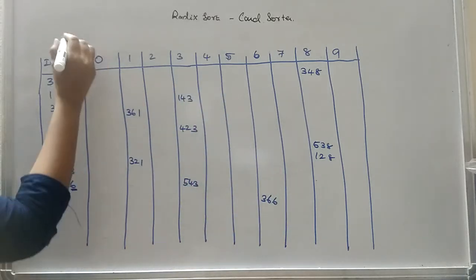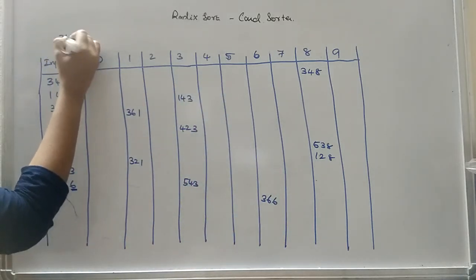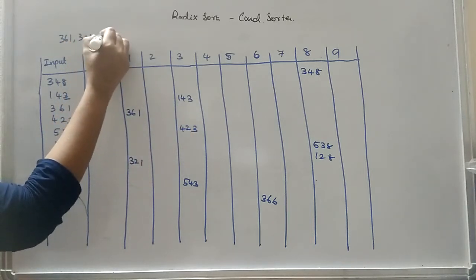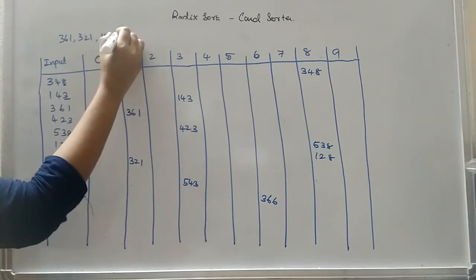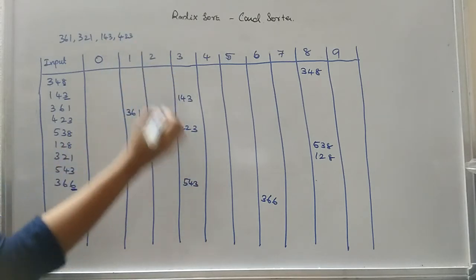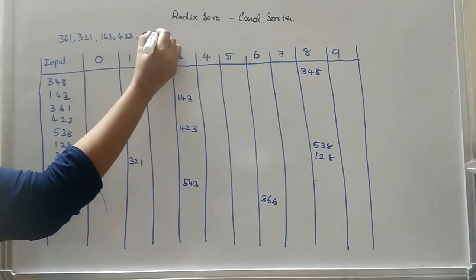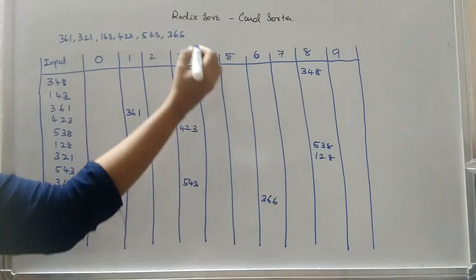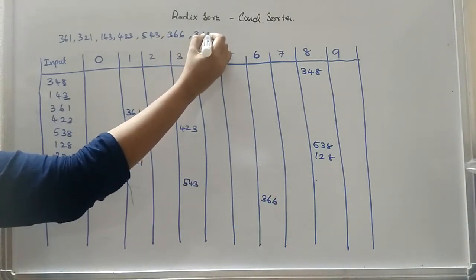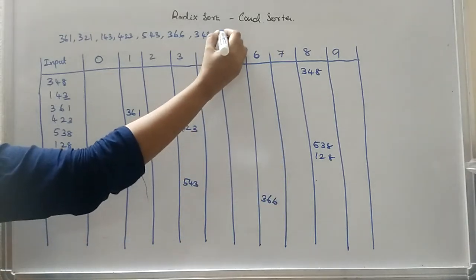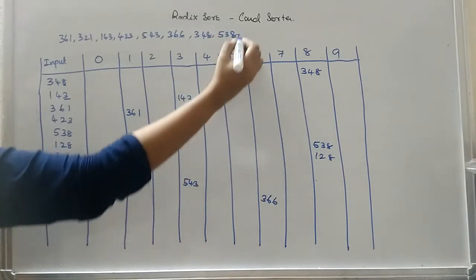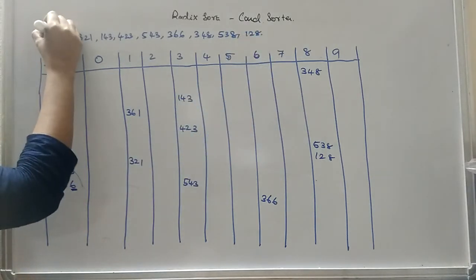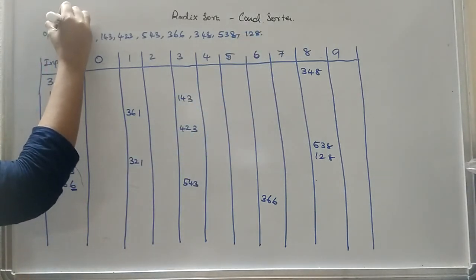The first number is 361 and 321, then 143, 423, and then 543, next 366, and then 348, then 538, and then 128. So this is the output for pass 1.